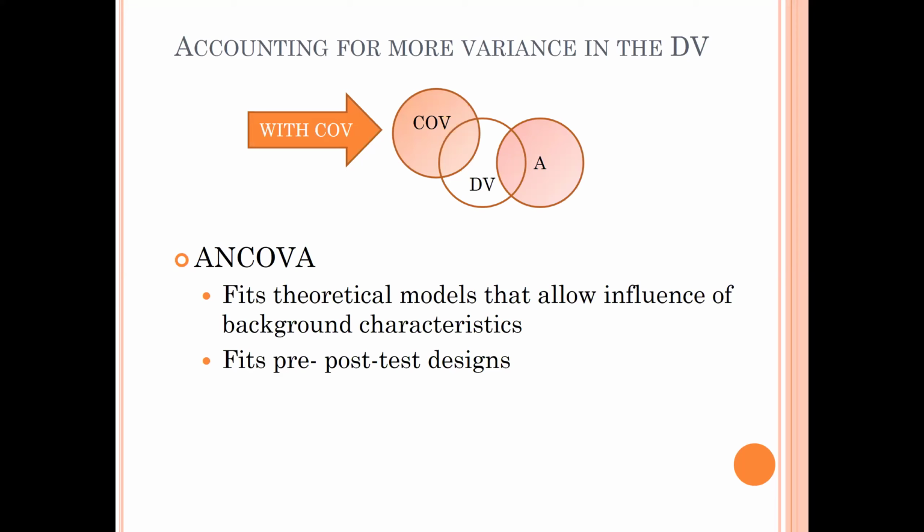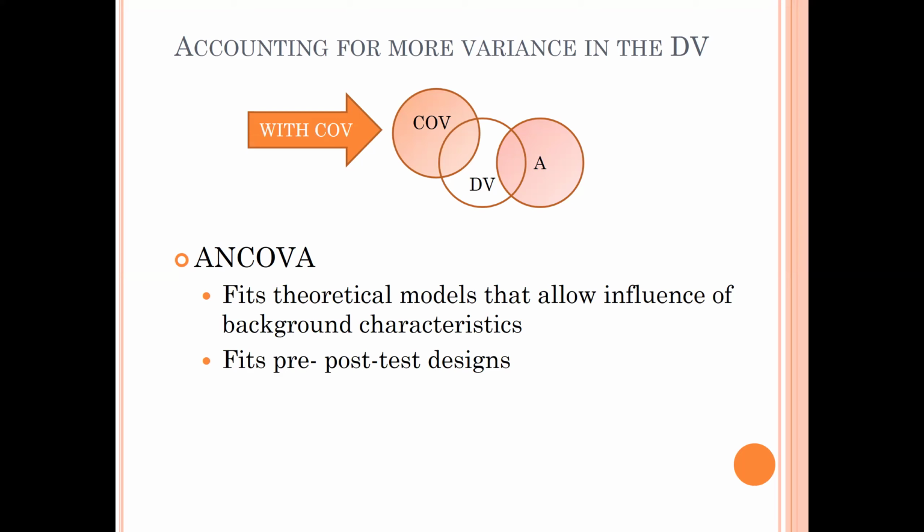So this fits any kind of theoretical model that recognizes that background characteristics are going to affect the dependent variable as well as your independent variables are expected to, which is very common. Our basic paradigm in the social sciences is multiple causation. So we don't think that the only cause of variance in our dependent variables is attributed to our independent variables.